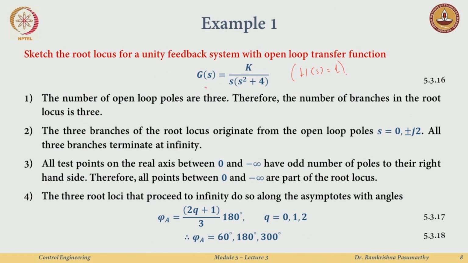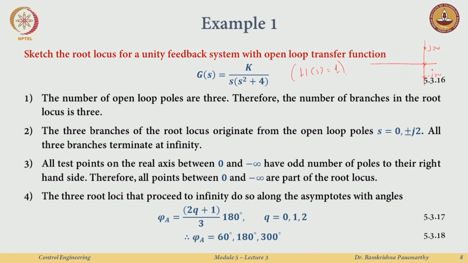Okay, so coming back to this, given a transfer function of this form, I have 3 poles and 3 branches of the root locus. Let me just approximately draw something here. I have a pole here at the origin, and s square plus 4 equal to 0 gives a complex conjugate pole at j2 and minus j2.